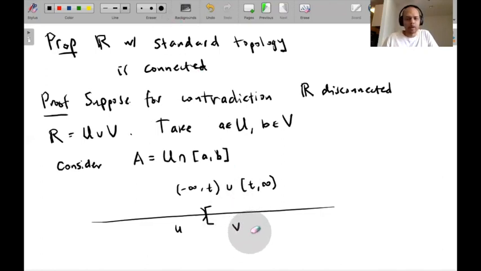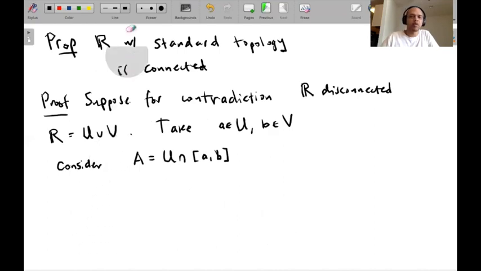But in the proof here, we're starting with some decomposition. We don't really know what it looks like. It maybe doesn't look quite like the picture I just drew. But we find 2 points a and b, and we look at this intersection.